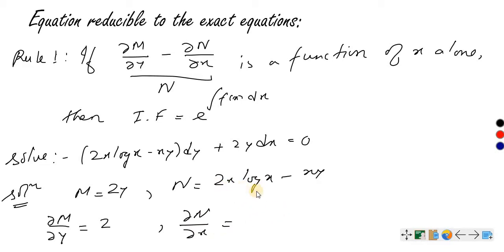So I will simply perform the partial differentiation here. 2 into (1 times log x plus x into partial differentiation of log x, which is 1 by x), minus y.